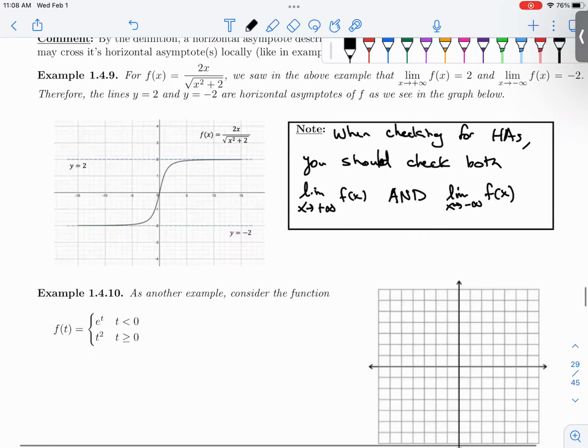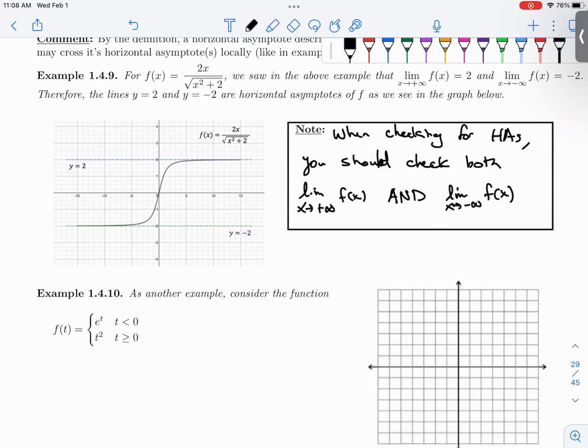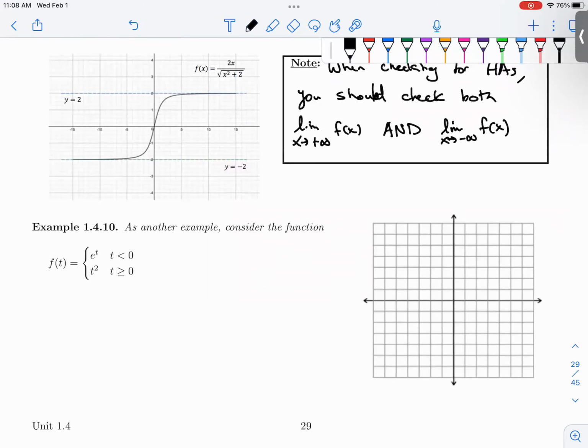So as another example of this situation where you could have some interesting things, we have f of t equals e to the t if t is less than 0, and t squared if t is greater than or equal to 0. If you want to graph this function, let's just assume every tick mark is 1.